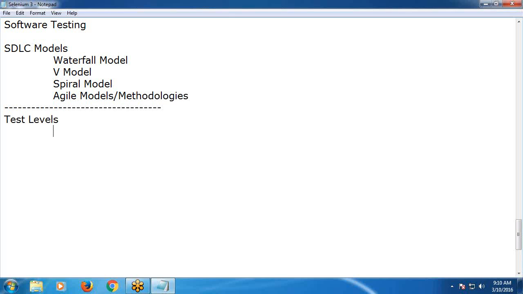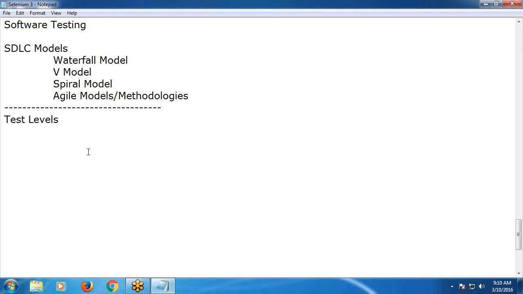Unit testing, integration testing, system testing, and UAT testing.